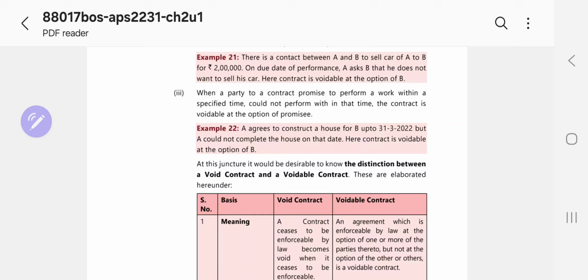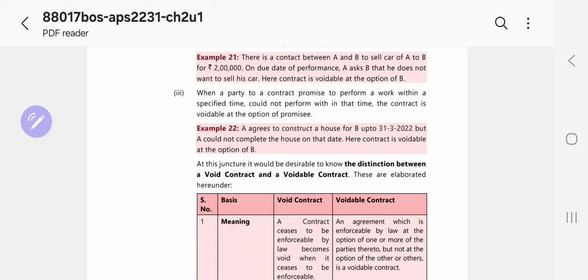B can agree to whatever A is saying, and not pay 2 lakh rupees, and agree that he will not buy the car, or he can make A sell his car. Here the aggrieved party is B. B has the option either to accept the terms of A, or to reject them.